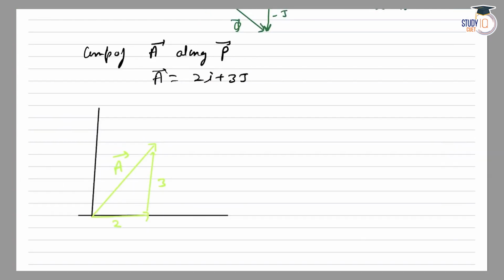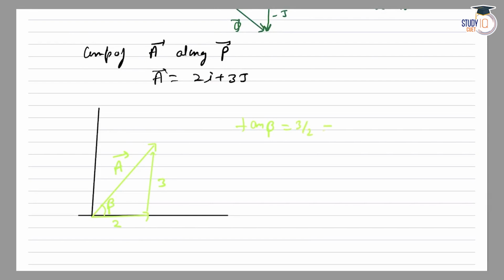So vector a forms an angle, let's say this is beta, with the x-axis. We can find the value of beta as tan beta is equal to 3 by 2. This implies that beta is equal to 56.31 degrees.